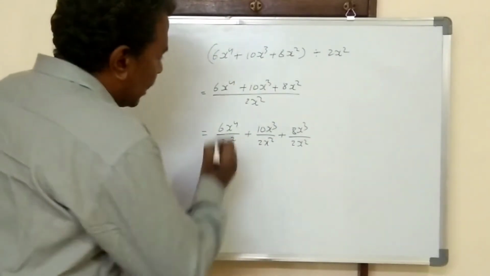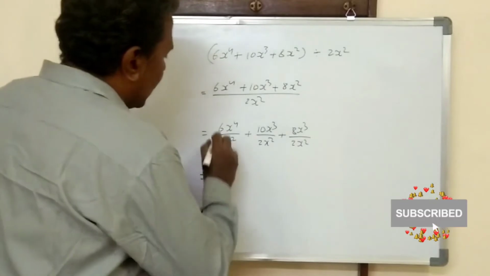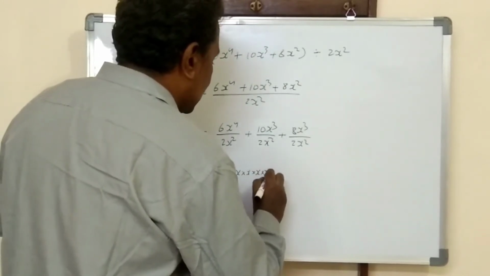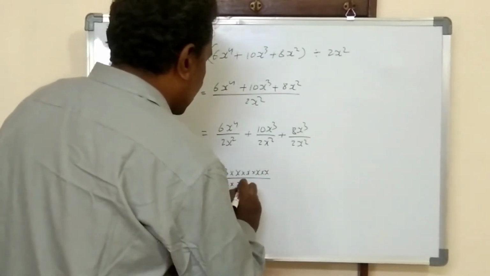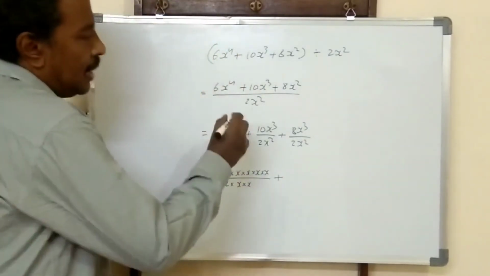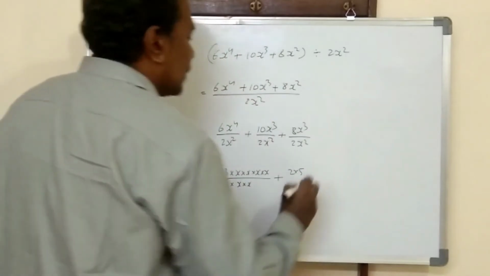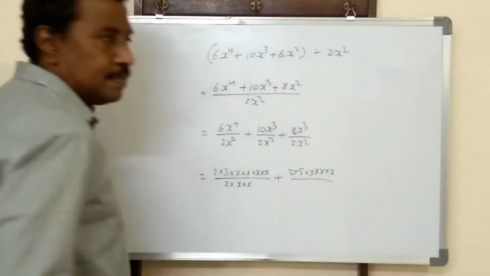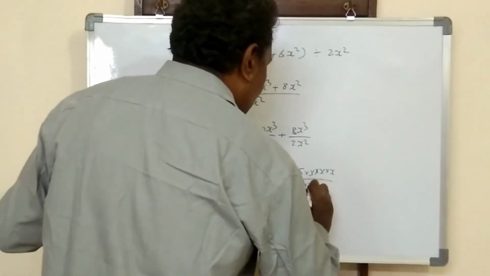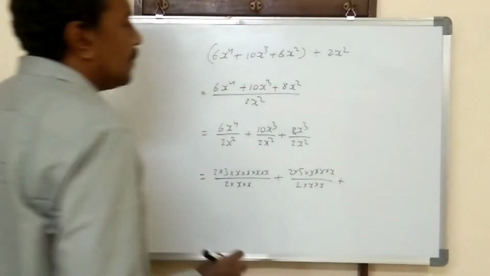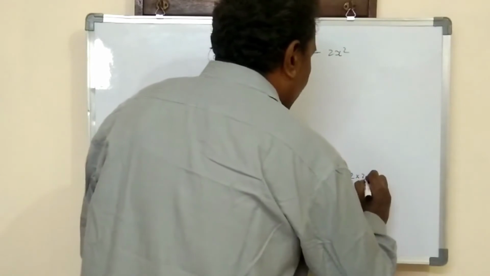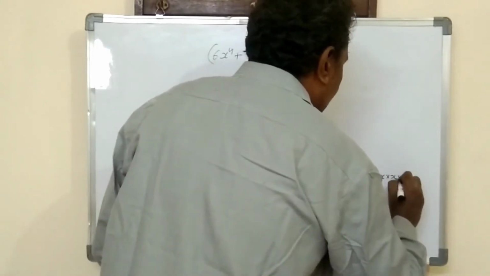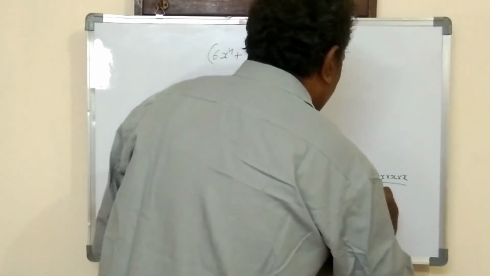Now write this in expanded form. 2 into 3 is equal to 6, x into x into x into x by 2 into x into x, plus 10, 2 into 5, x cube by 2 into x into x, plus 8, 2 into 2 into 2, 2 2s are 4, 4 2s are 8, into x into x by 2 into x into x.